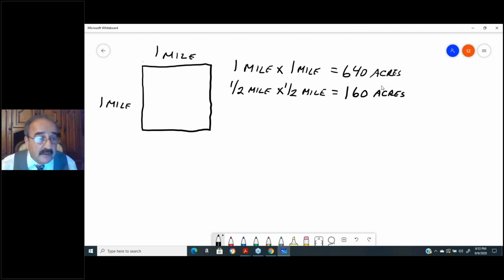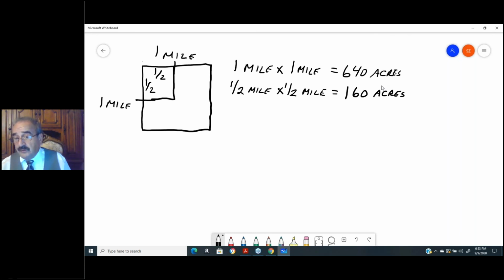Now, first of all, this is a section, 1 mile by 1 mile, which contains 640 acres. Now, from here to here is a half mile. And from here to here is another half mile, which only gives me 1/4 of a section, which is 160 acres. Let's do this mathematically.